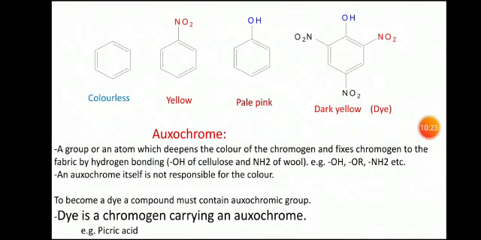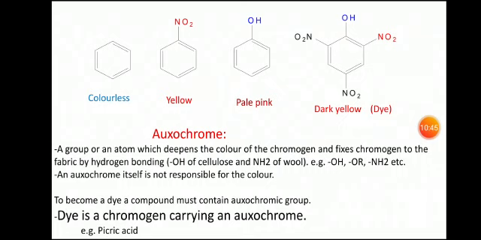On the fiber, there is a COH group, and on the fiber there is an NH2 group, and they attract this OH, which is the oxochrome. There is bonding, and the fiber and dye get fixed to each other. Hence this compound, which has a chromophore and an oxochrome, can be used as a dye.